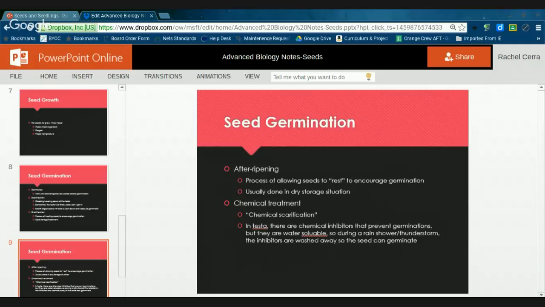So if you flip to the second page that I've given you, it's not the drawings, it's just the second page. I have kind of a table there of some conditions required for seed germination for some plants. Your citrus family doesn't really require any additional help.